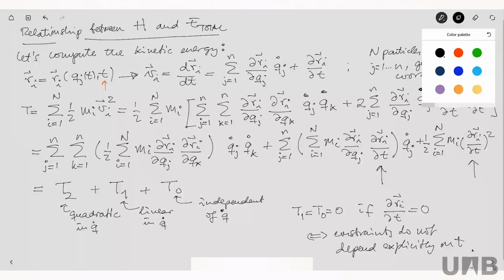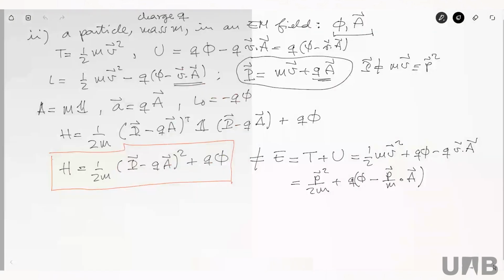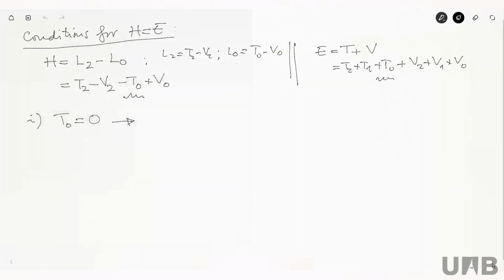Okay, so let's go back. All right, and this means that the derivative of r with respect to t explicitly has to be 0. Or, in other words, ri is ri of all the q's, but there can be no time dependence. Okay, so in other words, the constraints have to be time independent. There cannot be explicit time dependence in the constraints. Okay? Okay, so that kills the T0.